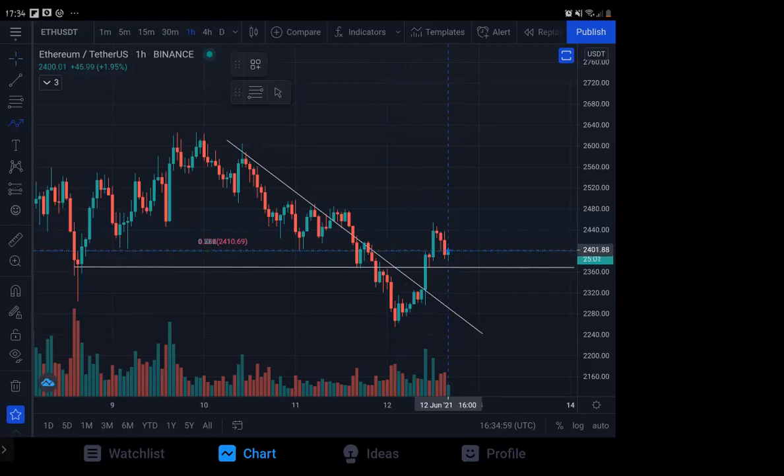You see, to this point, then a little bit down. If it breaks here, then probably a little bit down again.